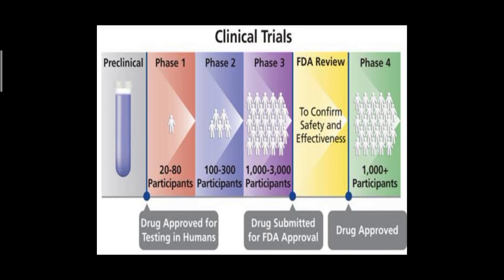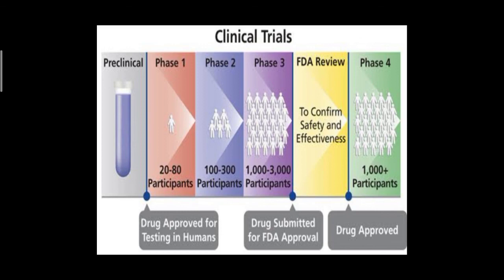If you find some adverse effects, minor ones are acceptable. After that they have to take approval from the FDA, Food and Drug Administration, which will review everything from preclinical to clinical phases up to phase 3. Then after getting approval, they will move to phase 4.